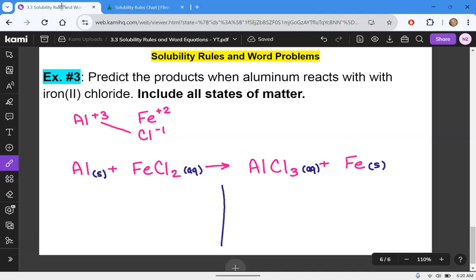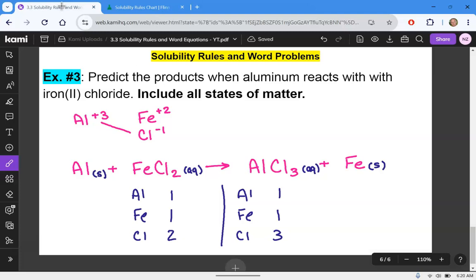Let's go ahead and split this in half, and we're going to balance this. So we have aluminum, iron, chlorine on the left: 1 aluminum, 1 iron, 2 chlorines. On the right, 1 aluminum, 3 chlorines, and 1 iron. Okay, I can tell you right away that we're going to have to do something tricky because for chlorine, we have a 2 and a 3.